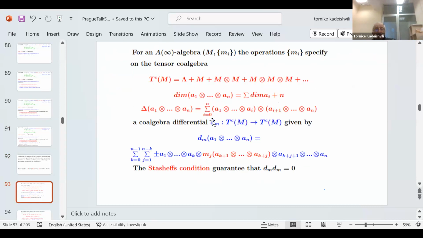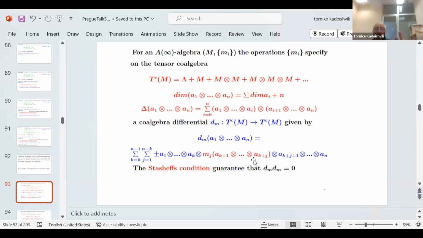And then how can we use these operations? We can write a new differential in the tensor coalgebra. It is the differential M, depending on this collection M1, M2, M3, and so on. dM on some collection A1, A2, and so on: an operation M travels inside of it.